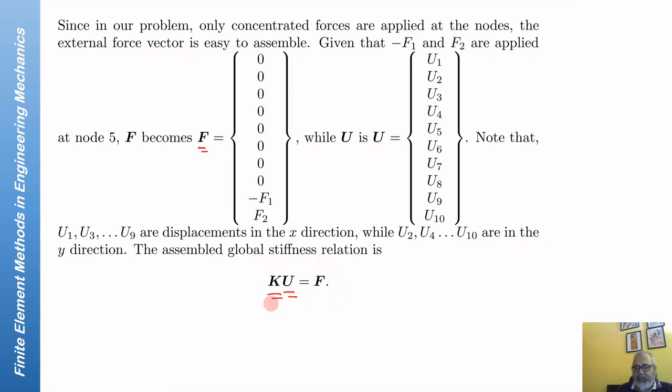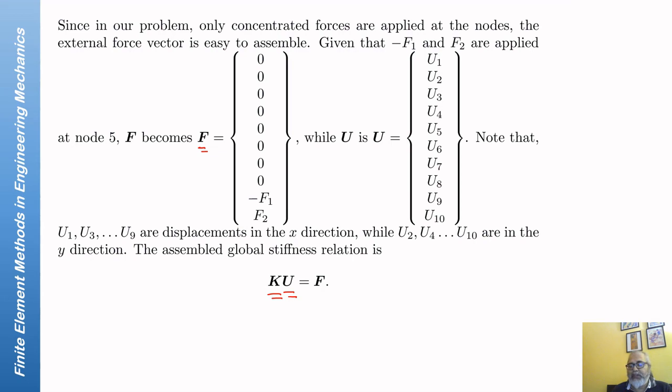So you have this big matrix equation KU equal to F, which is the global stiffness connecting the global degrees of freedom to the global force vectors, or we sometimes call it the RHS also. So in our case, there are 10 global degrees of freedom. There are 10 global forces, external loads, of which 8 are 0 and 9 and 10 are minus F1 and F2. So that's what we have.